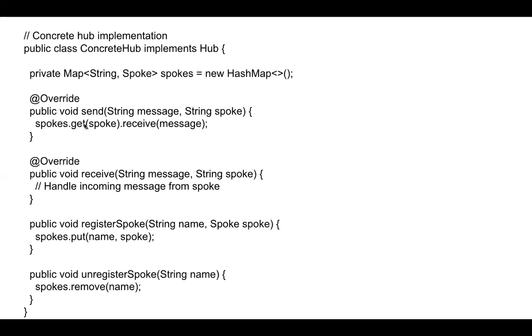Implementation of the hub: the hub is responsible for sending messages to different spokes, or different subscribers or consumers. Receive will depend upon incoming logic. Let's say it's a Kubernetes API server: it'll wait for whatever messages the worker nodes send it, and depending upon that, it will act. So if a node sends a message that this container is down, it will act accordingly.